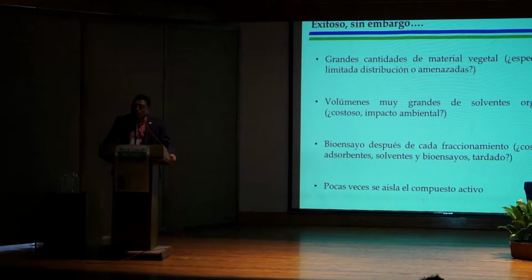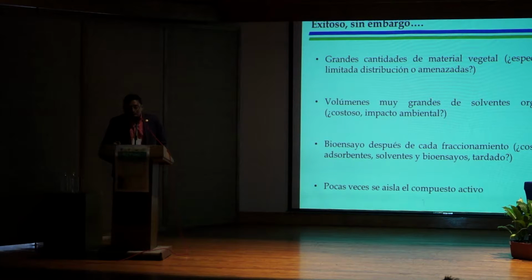For example, you won't be able to do that work with plants that have a limited distribution, plants that are endemic to a small area, where you won't be able to collect 5 kilograms of plant material. Sometimes that is impossible.